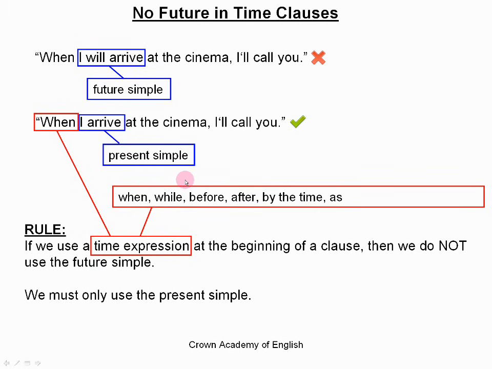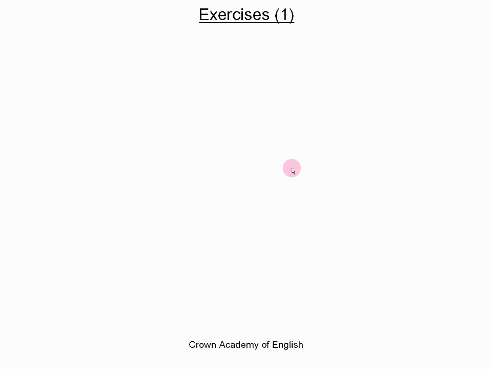So when, while, before, after, by the time, as soon as, if, unless, etc. So whenever we have a time clause which starts with one of these words and we are talking about the future, then in fact we must use the present simple. We must not use the future simple. Okay? So let's do some exercises.